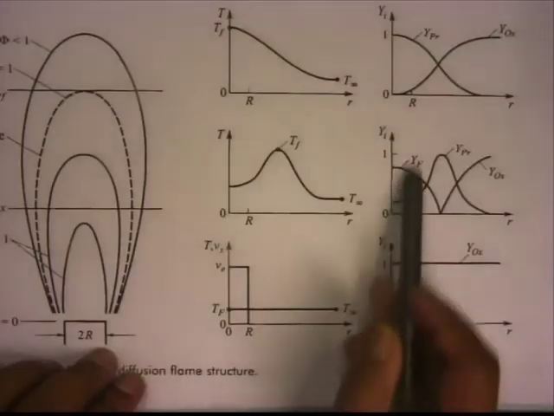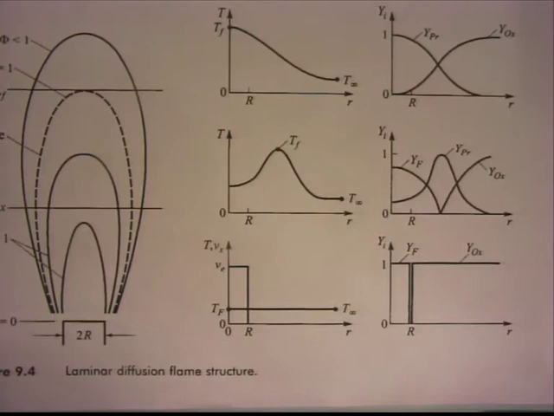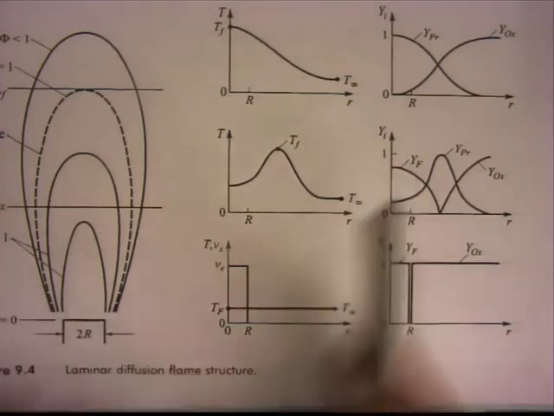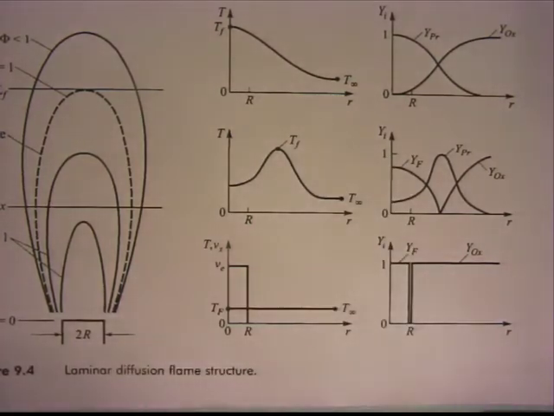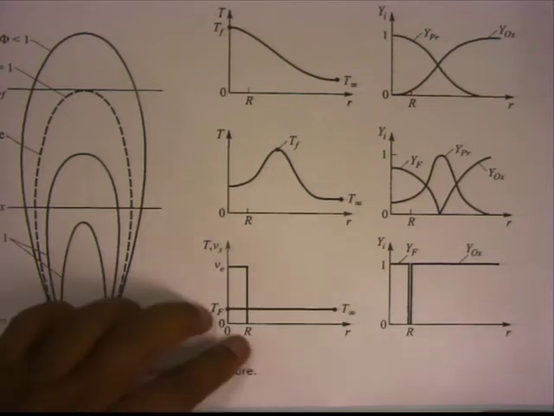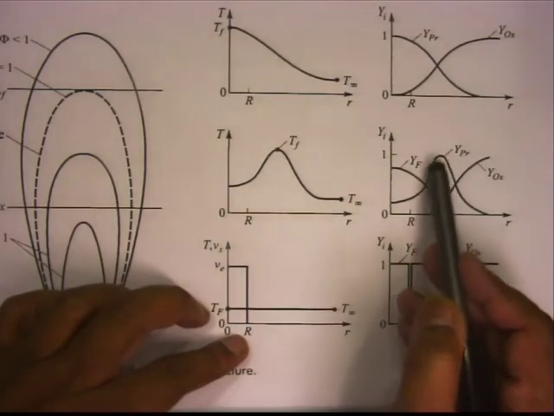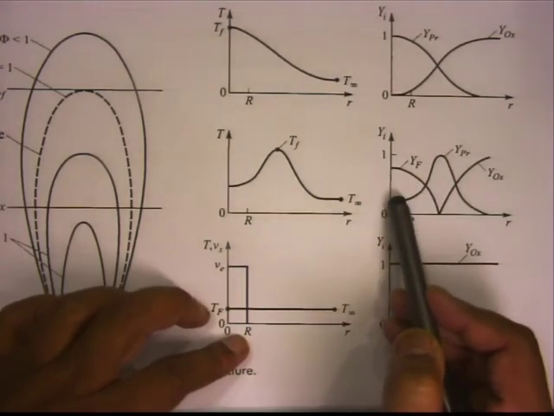So if you observe these 3, we have only 3, so that's why you're plotting 3. You will notice that the deficit in YF, that is YF is less than 1 by some amount, is made up by products. So that means the products actually diffuse towards the center line.